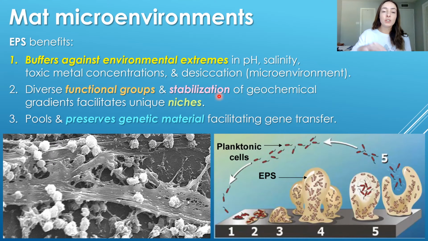Basically, the stabilization of the geochemical gradients is because of the diffusional properties of EPS that allows different unique niches of bacterial communities to kind of separate from each other in the biofilms enough to not hinder each other's growth, and also to continue to allow the diffusion of nutrients that they need through the EPS into those microbes.